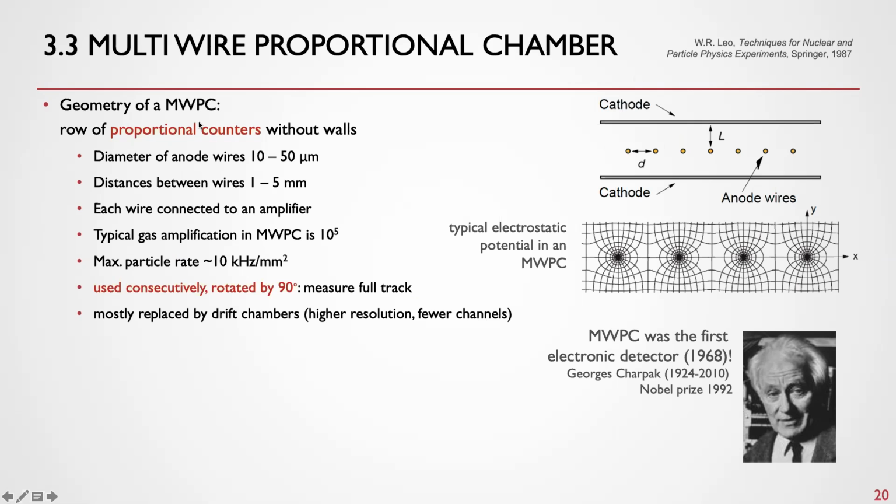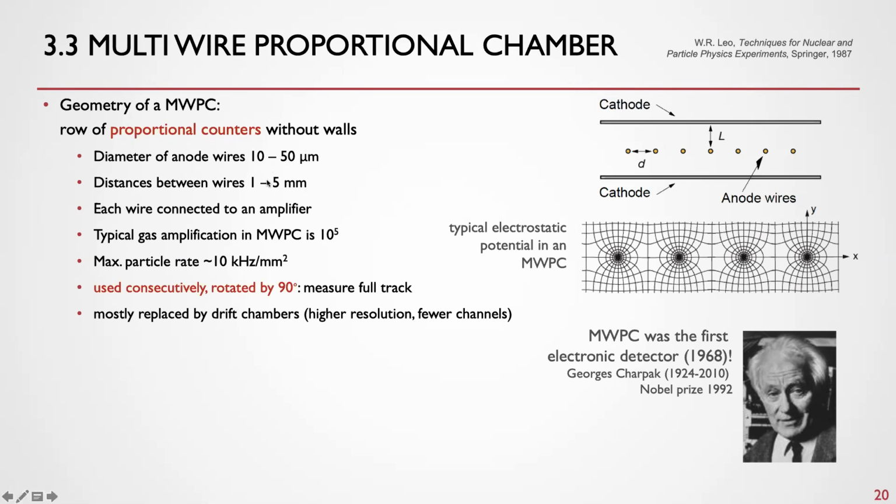First electronic detectors. The diameters of the anode wires in such detectors are in the 10 to 50 micrometer regime or so. We used 10 in the example above. The distances between the wires can be large, 1 to 5 millimeter.